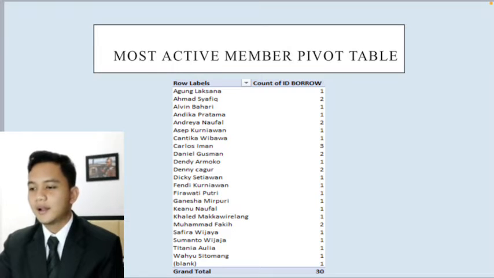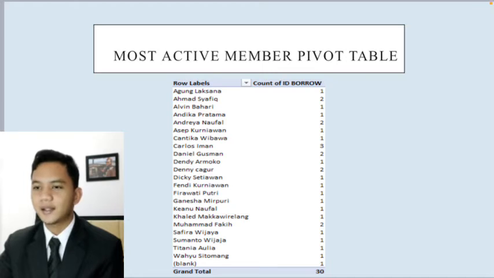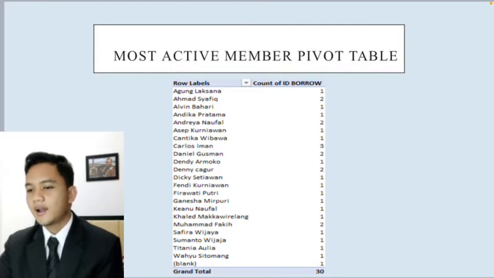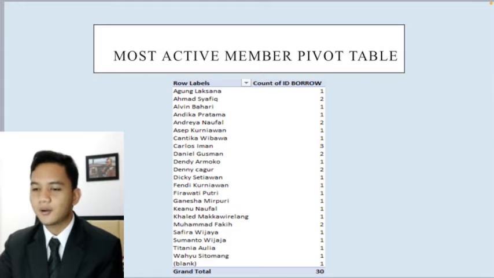In this slide, we show a pivot chart, and the function of the pivot chart in this situation is to show which students often and rarely borrow books. And the student who often borrows books is Carlos Iman. He has borrowed books 3 times.